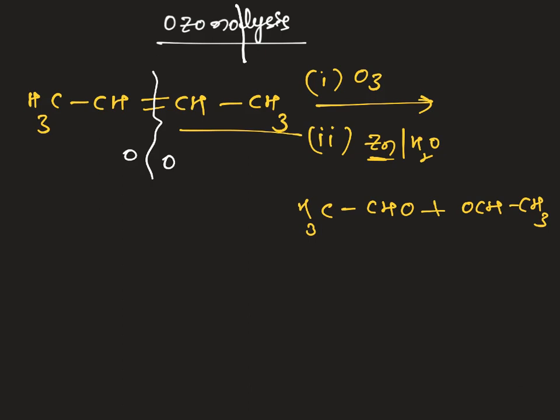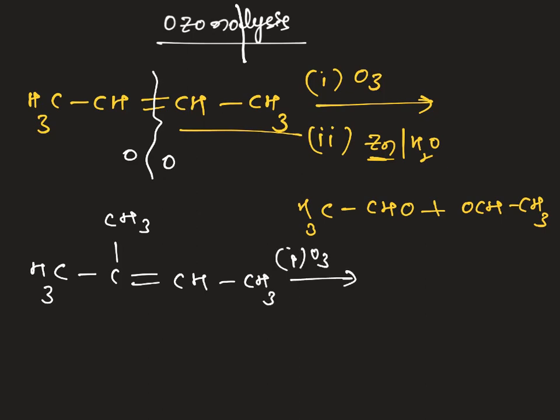Let's take another example. I am taking this. The first reaction I am reacting with ozone, second is zinc and H2O, and it is an ozonolysis reaction. Ozone will cleave alkenes into carbonyl compounds in presence of zinc.